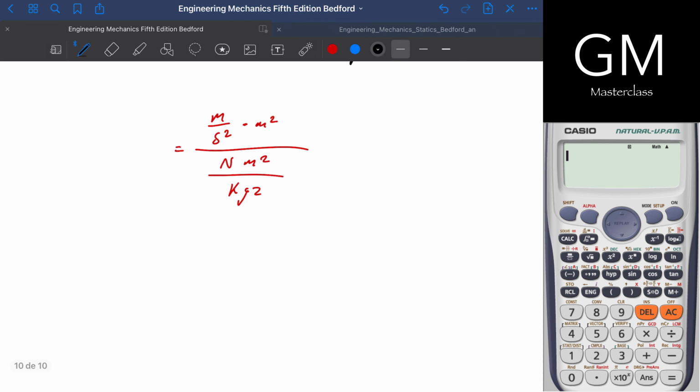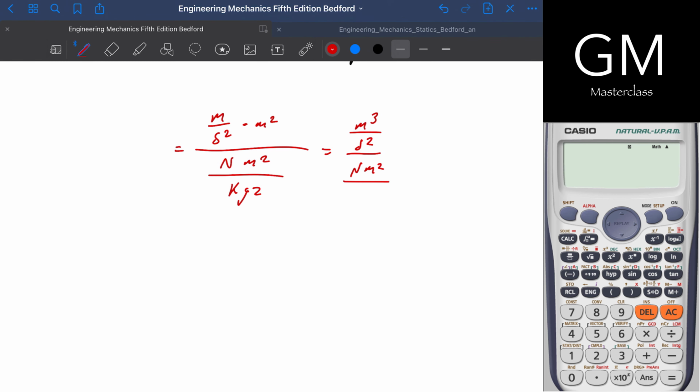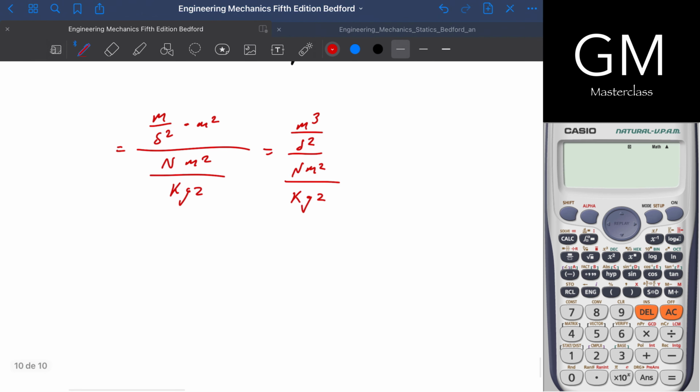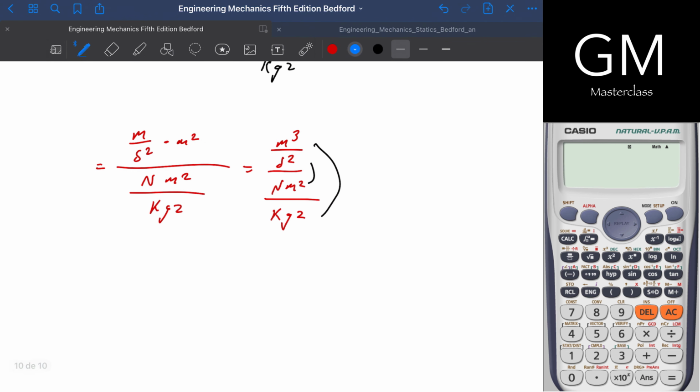The first thing that I'm going to do here is multiply this. Maybe it's not that clear for some of you, so let me rewrite it. Meters to the third power divided by square seconds, and newton meters to the second power divided by kilograms to the second power. So I'm going to apply the rule in which I multiply the numerator of the first division, which I've circled in blue, by the denominator of the second one.